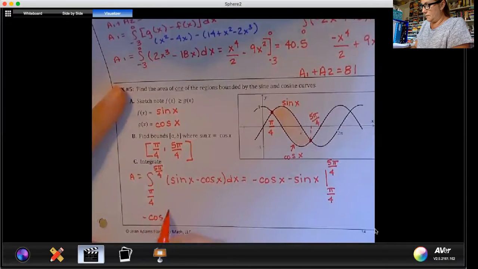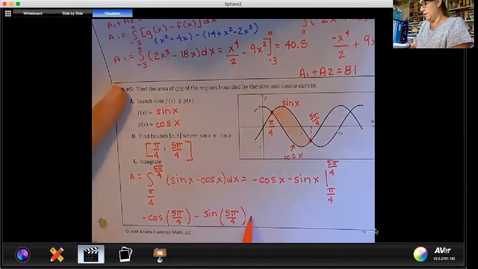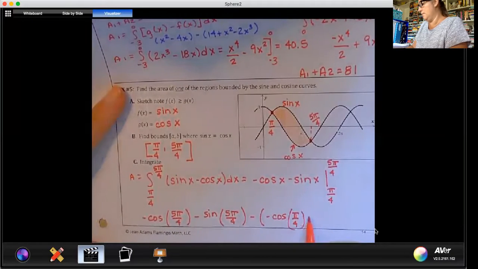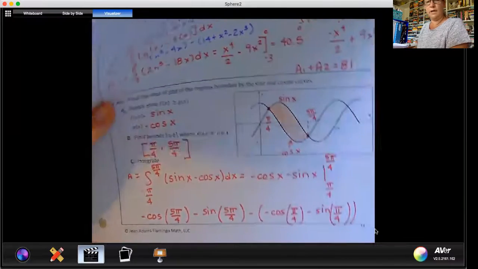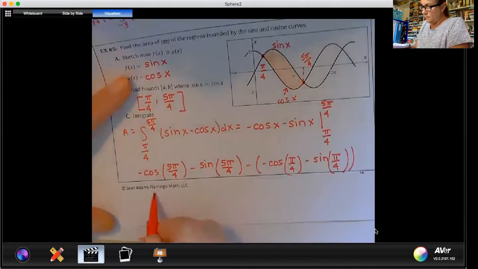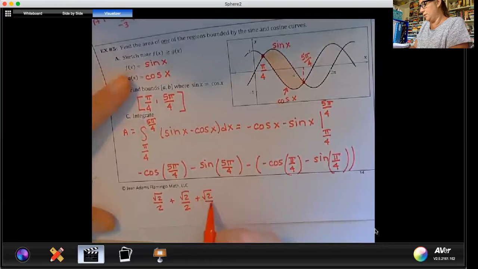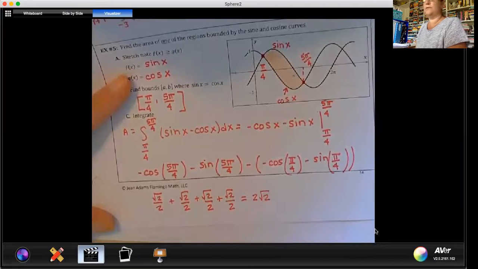So negative cosine of 5 pi over 4 minus sine of 5 pi over 4, minus negative cosine of pi over 4 minus sine of pi over 4. And you're going to want to use your unit circle here. So square root of 2 over 2, plus square root of 2 over 2, plus square root of 2 over 2, plus square root of 2 over 2 is 4 square root of 2 over 2, which is 2 square roots of 2.